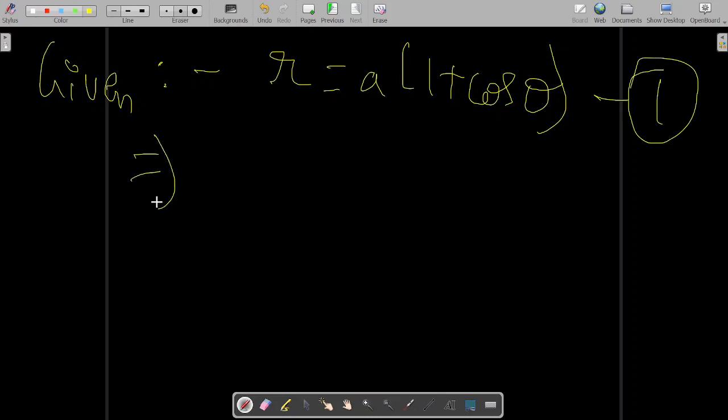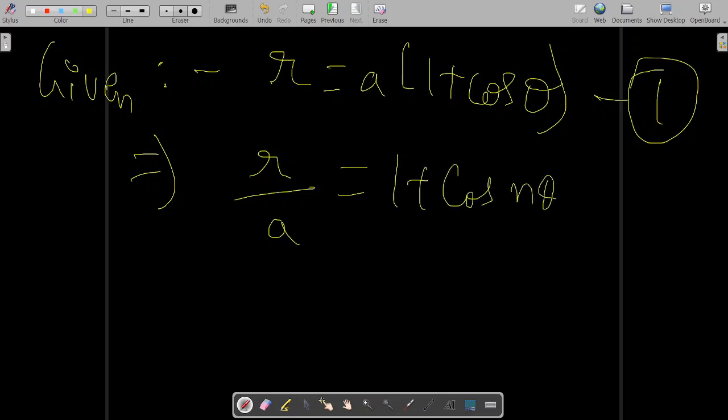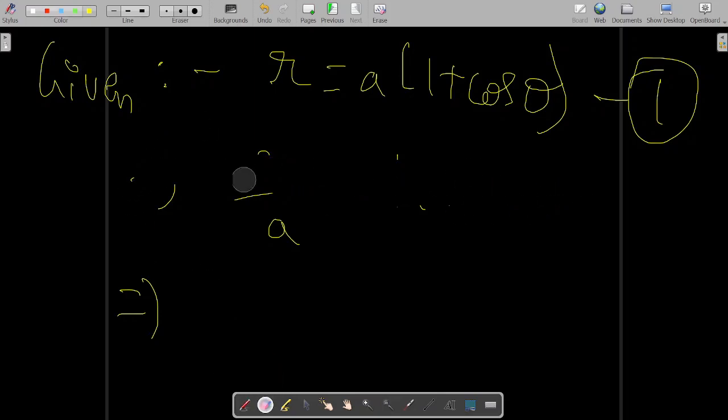That implies what? Sorry, not this step. Erase this, cut it down. u equal to 1 by r.